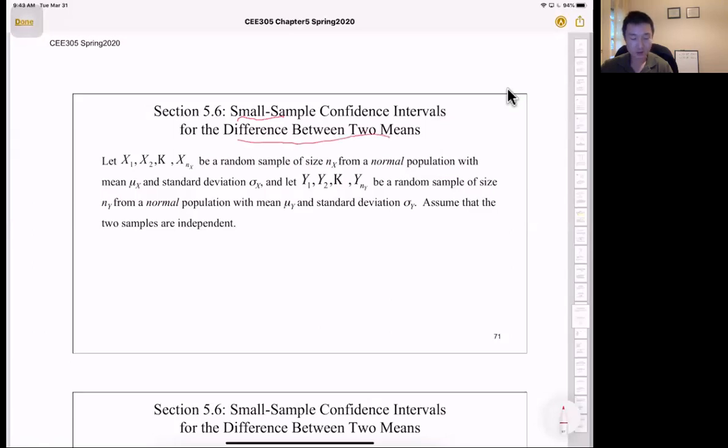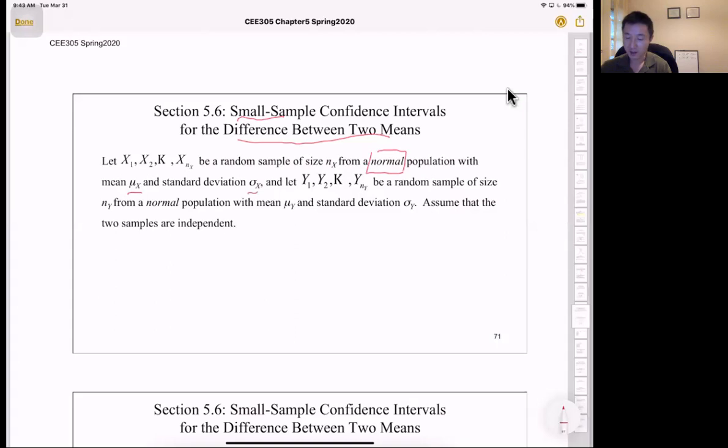Define X1, X2, up to Xnx as a random sample of size nx from a normal population. The requirement is that it has to follow a normal distribution with mean mu x and standard deviation sigma x.